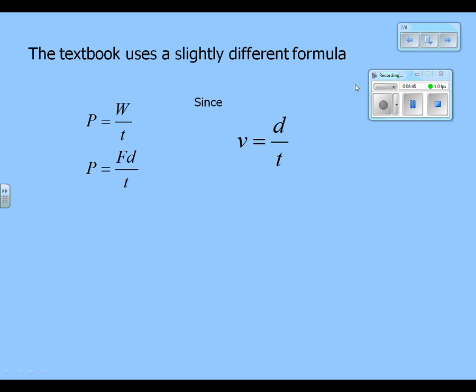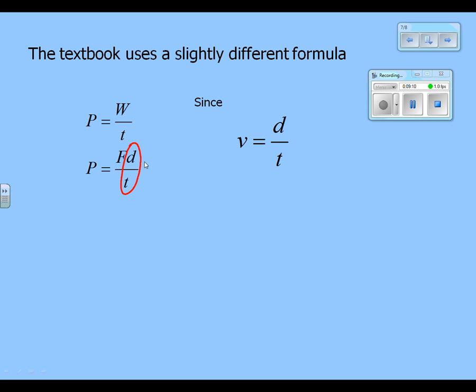Okay, now the textbook, if you're following along, and I know that I hardly even looked at it this year, but the textbook does do this, which comes in handy on occasion. Because power equals work over time, which is F times D over T, do you see D over T here? And what is D over T equal to? Right?